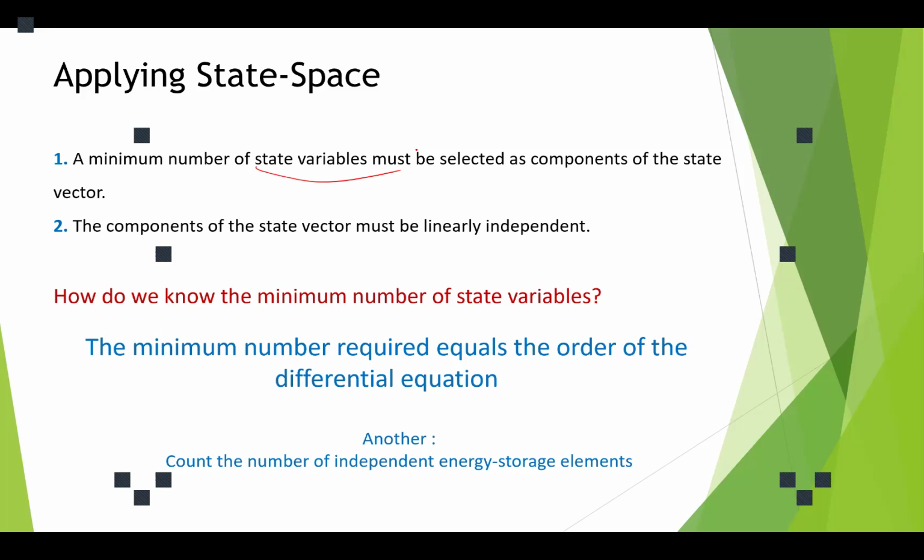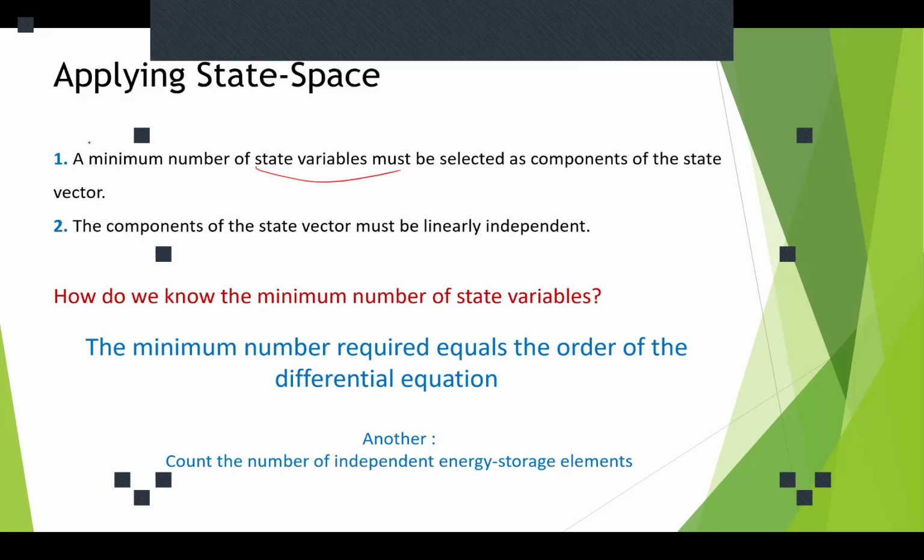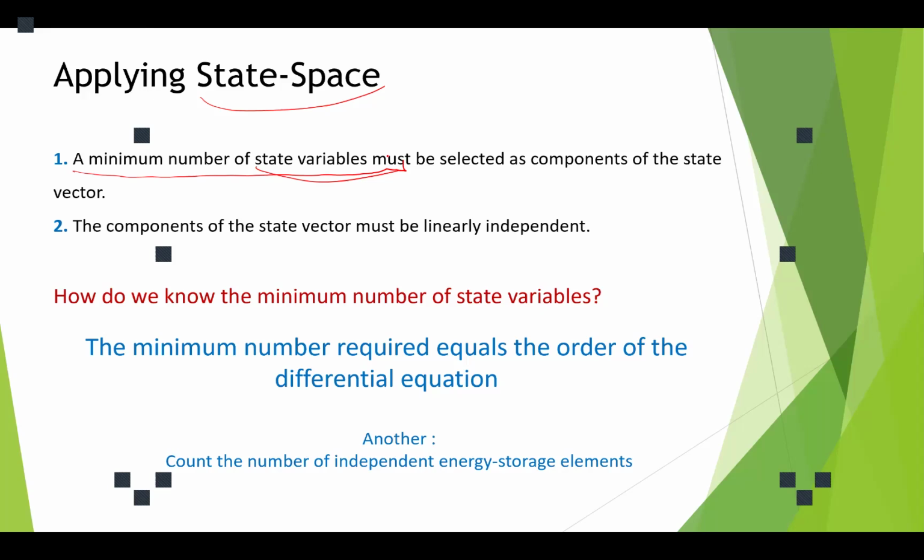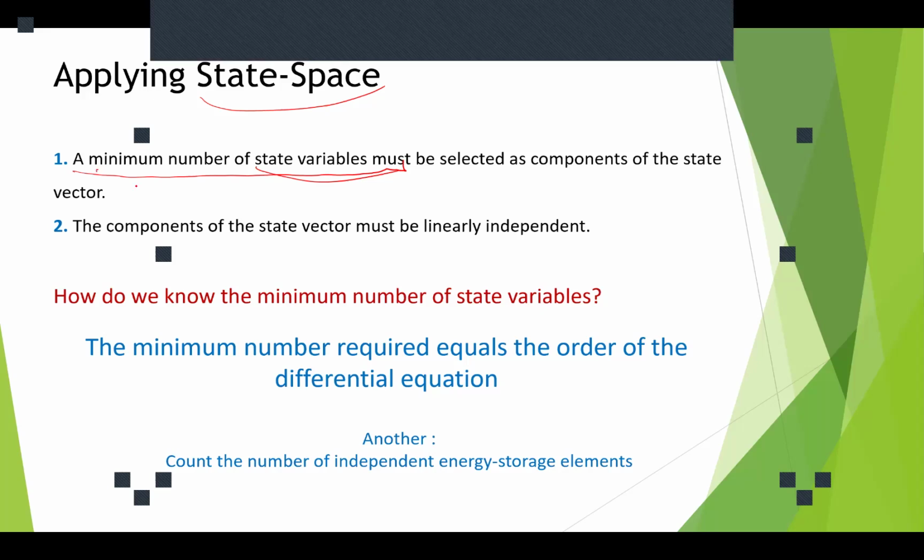Sorry for that. So if we want to apply state space modeling in our system, we need to have the minimum number of the state variables. And it's basically given that if we want linearly independent variables, we are inherently following this minimum condition.